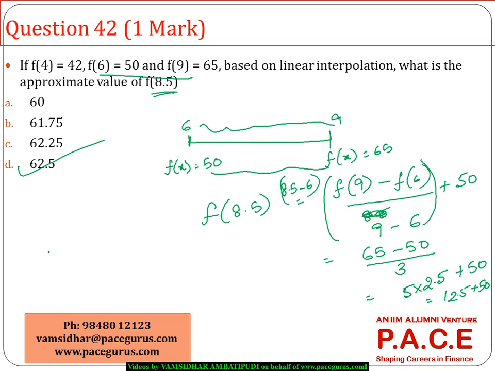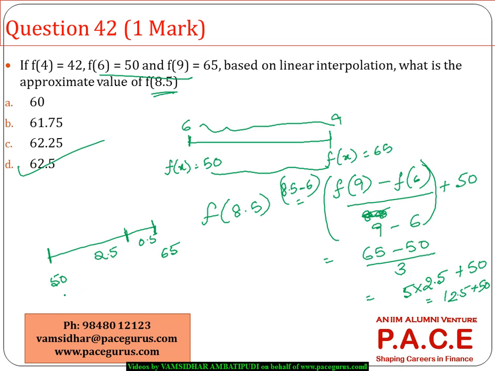Simple logic, 6 and 9. If I am looking at 8.5, then it is in the ratio of 2.5 is to 0.5. The two ends are in the ratio 2.5 is to 0.5. Even the actual values are 50 and 65.